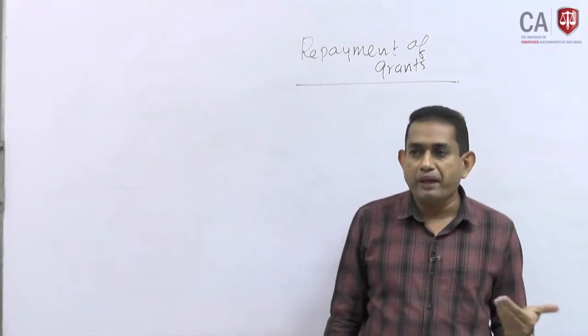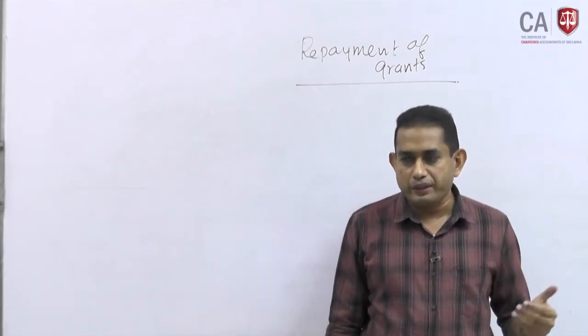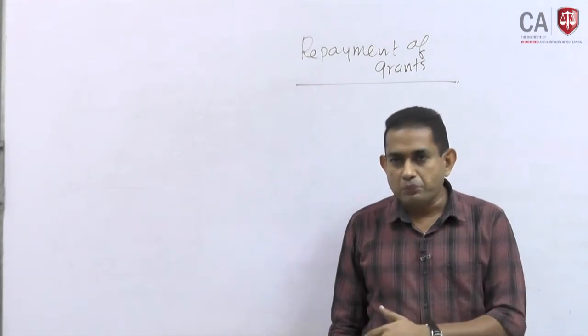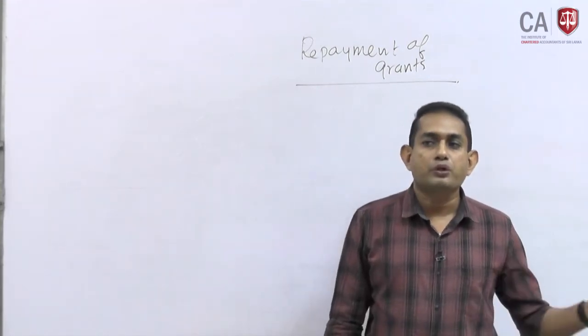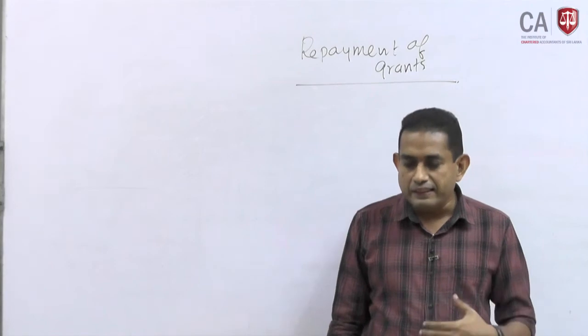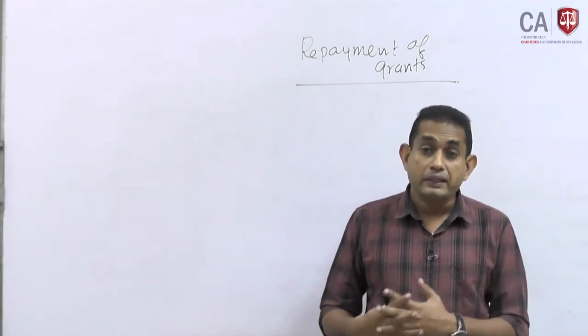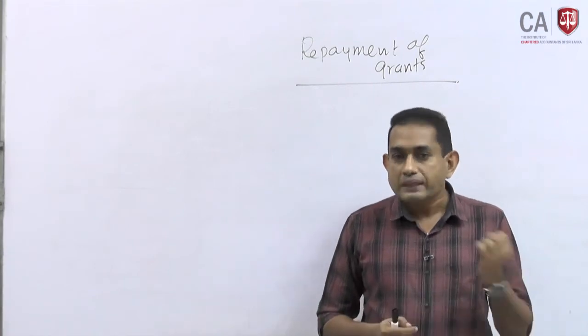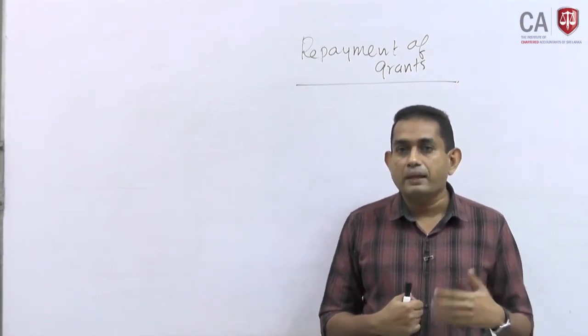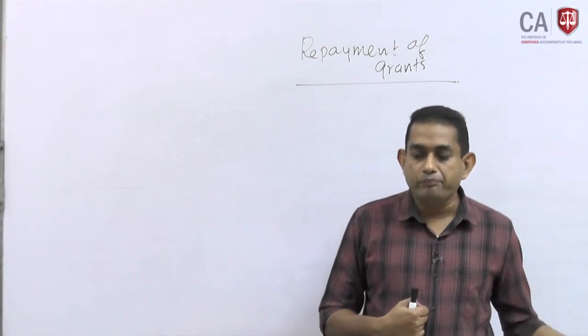Where the company fails to meet those conditions attached to the grant, subsequently you may become liable to pay it back to the government. Let us see what this accounting looks like in case the entity who received the grant becomes liable to pay it back to the government.